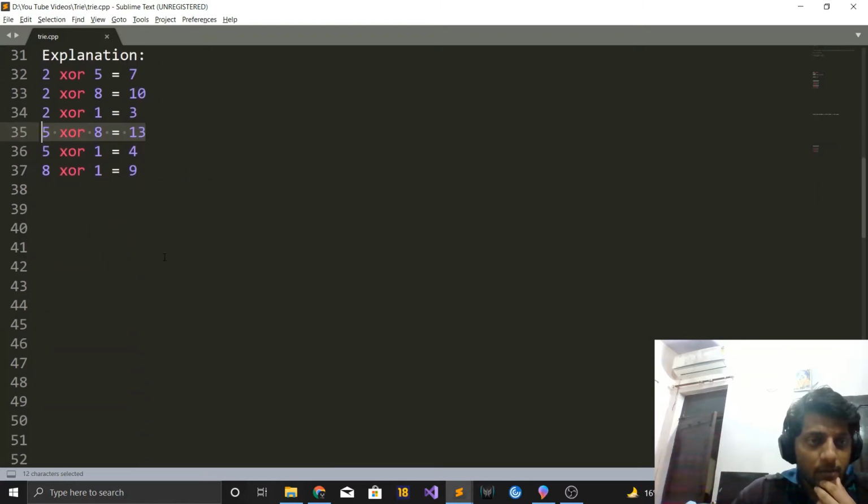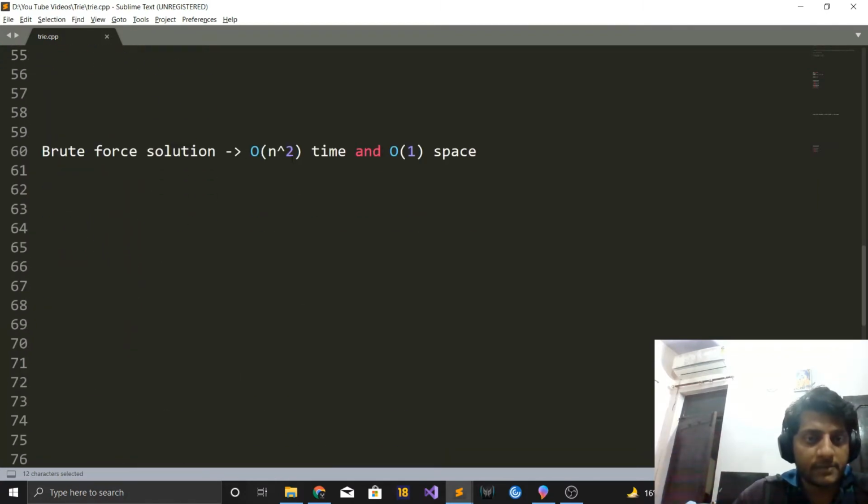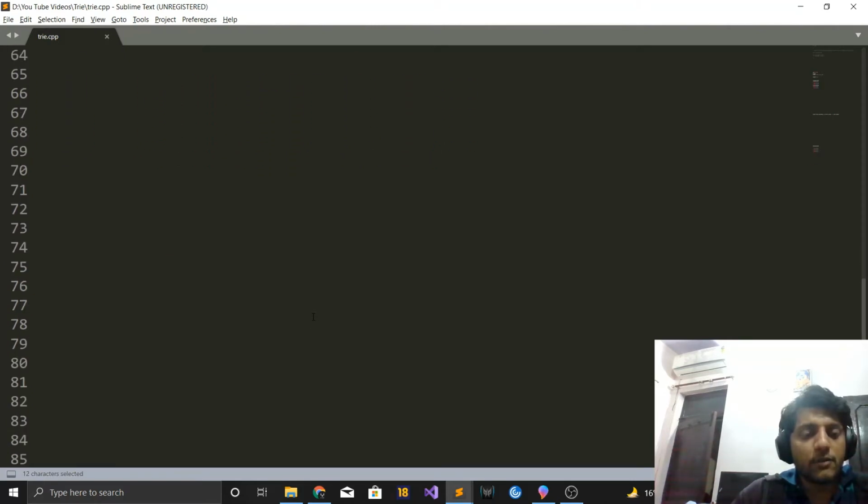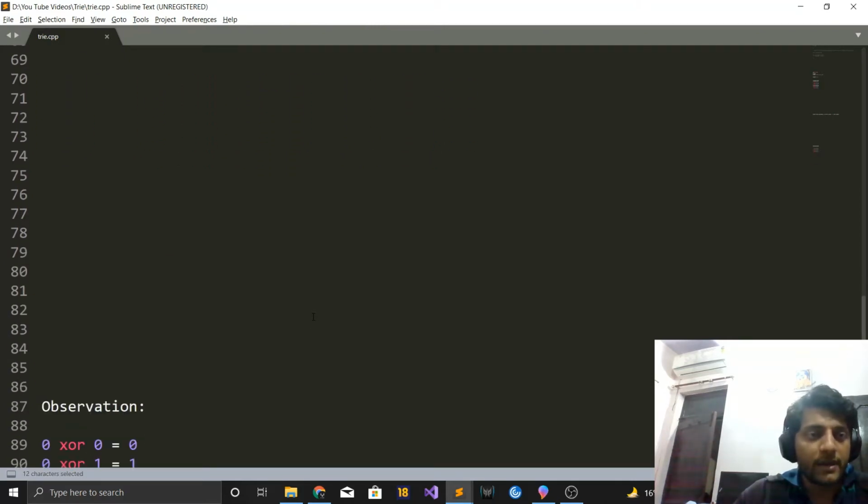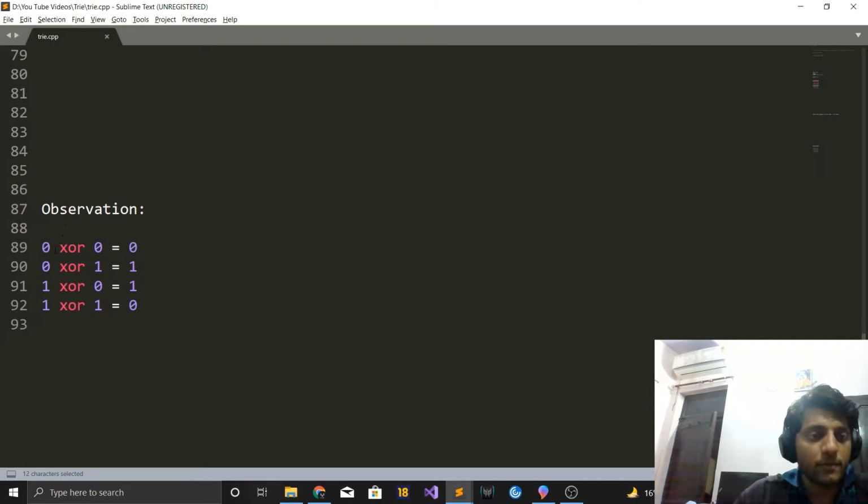For the brute force solution, I explained O(n squared) time and O(1) space. Before jumping into the optimized solution using trie, let's look at an observation. If you do bitwise XOR of two values, 0 XOR 0 would be 0, 0 XOR 1 would be 1, 1 XOR 0 would be 1, and 1 XOR 1 is 0.